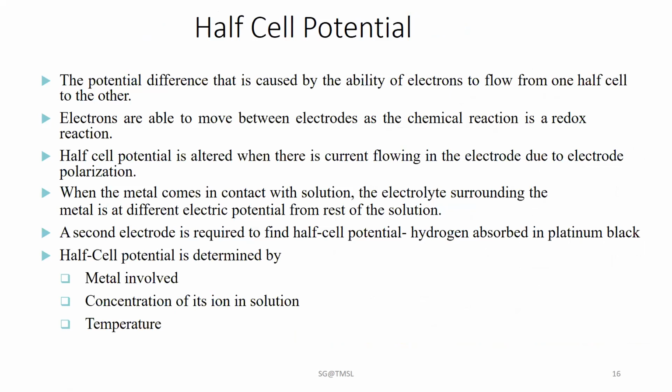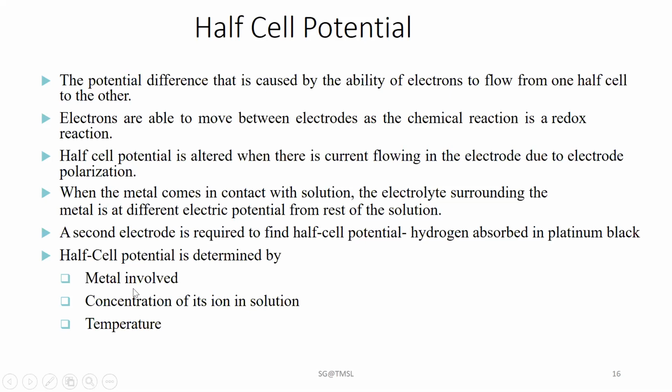Half cell potential, as I have told you, is the potential which occurs between these two electrodes, and it is caused by the ability of electrons to flow from one half cell to the other. As already discussed, the half cell potential is determined in these three ways.